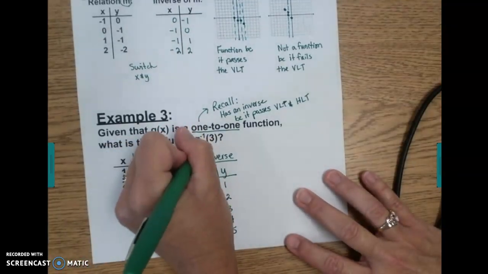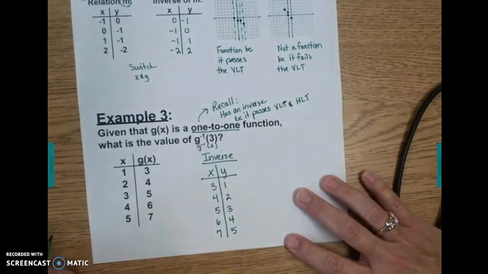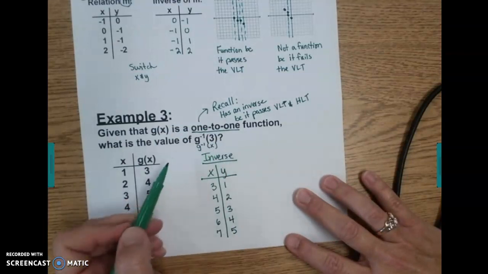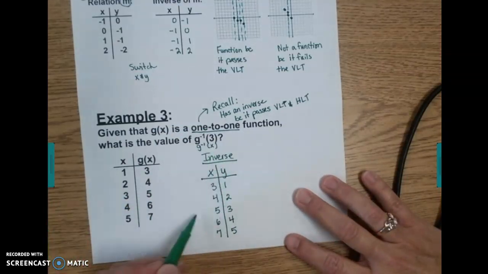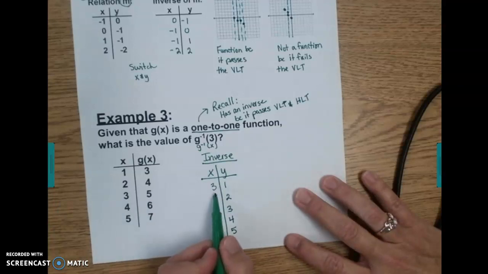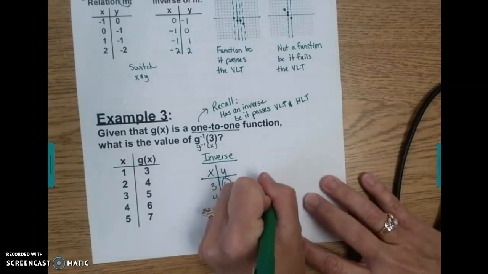If you think about this, it's usually written like g to the negative 1 of x, the inverse of x. So 3 is replacing the x. If I go to my inverse table to 3, my answer is going to be 1.